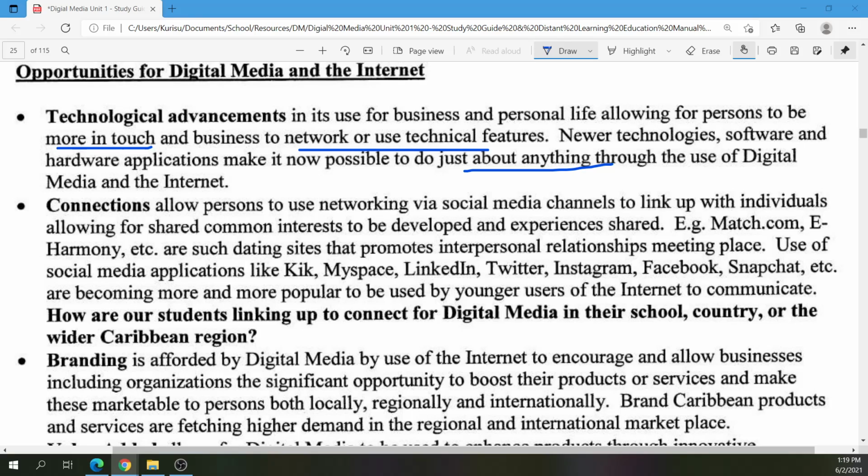So a business can get faster follow-up when a customer has a question, because of social media, because of having these connections, you can interact with a business much faster. Or you can have a service that is online that would normally be a physical service, for example, dating sites.